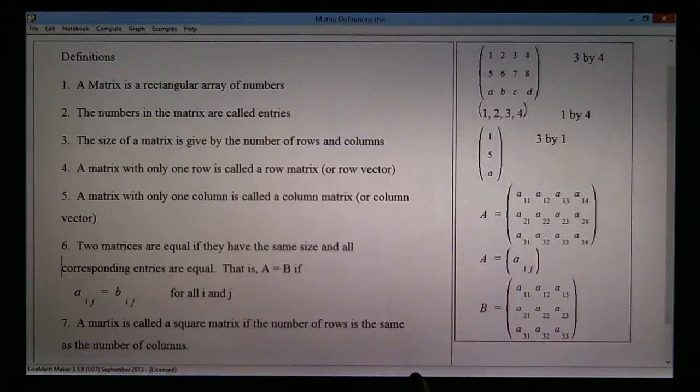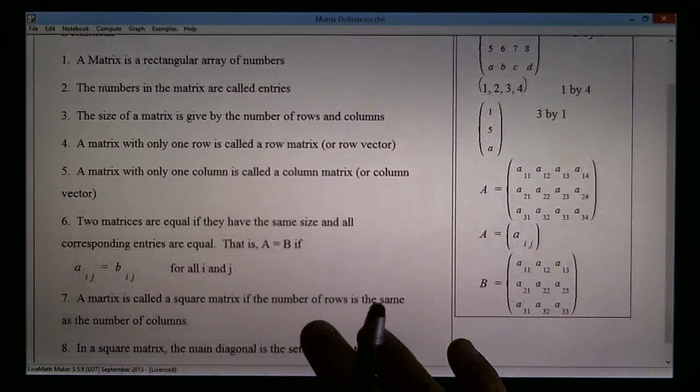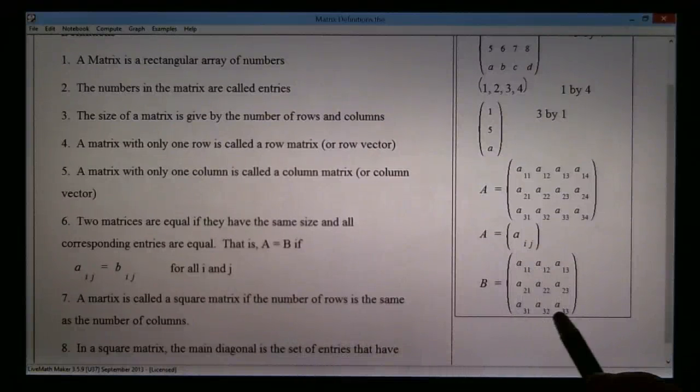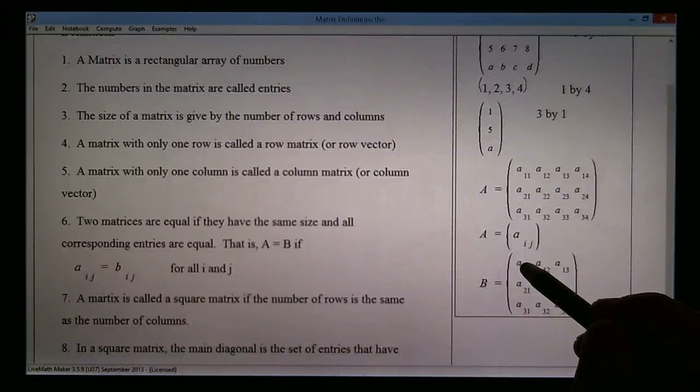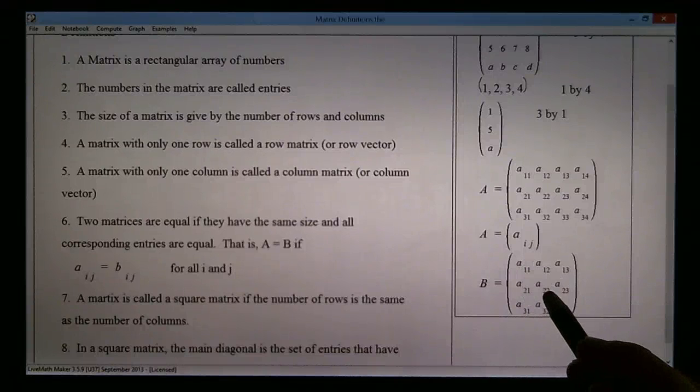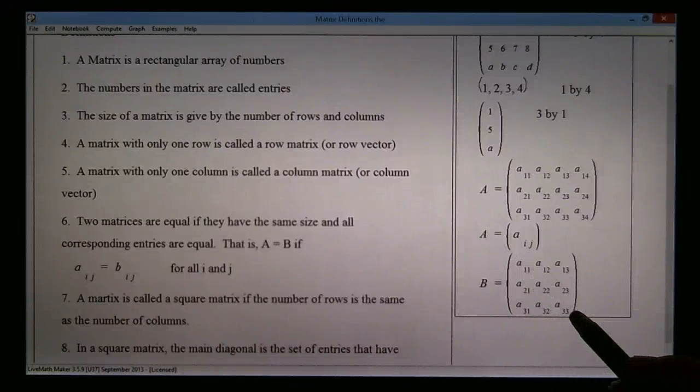Now, a matrix is called square if the number of rows is the same as the number of columns. For instance, this matrix here, I have 3 rows, 3 columns. That's a square matrix. And in a square matrix, the entries where the row number and the column number are the same, that set of entries, so a sub 1,1, a sub 2,2, a sub 3,3, this is called the main diagonal.